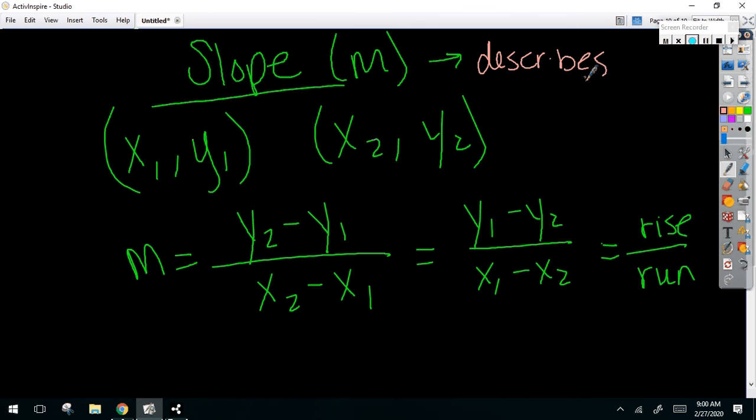That's what I wanted you to say. It also describes the steepness of the line. So the bigger the slope gets, the steeper that line gets. It's like walking up a hill and the hill's getting really hard to walk up. The steeper it is, the harder it is to walk up. All right. Let's look at one.